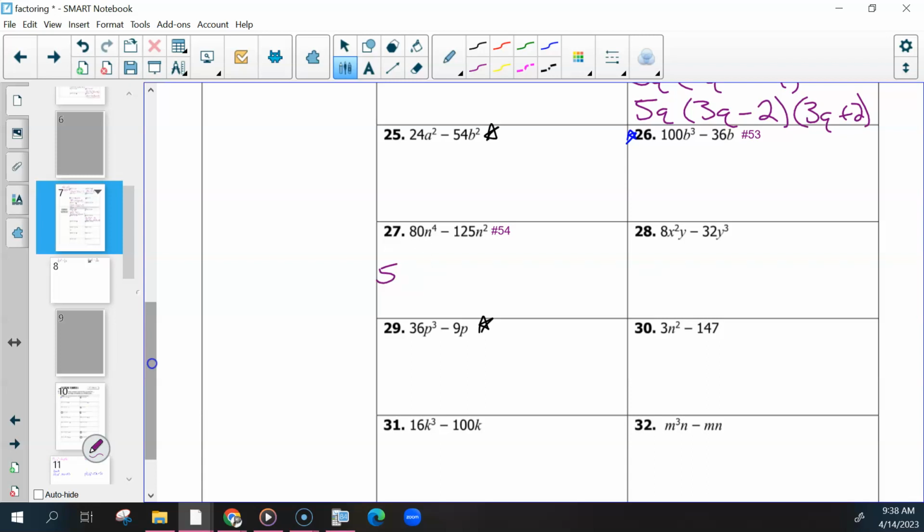How many n's can we take out of both? N squared. So then what would be left? Dividing 5n squared from both of these, what would be left? Minus. Can we use difference of squares? Yes. What would those two factors be?